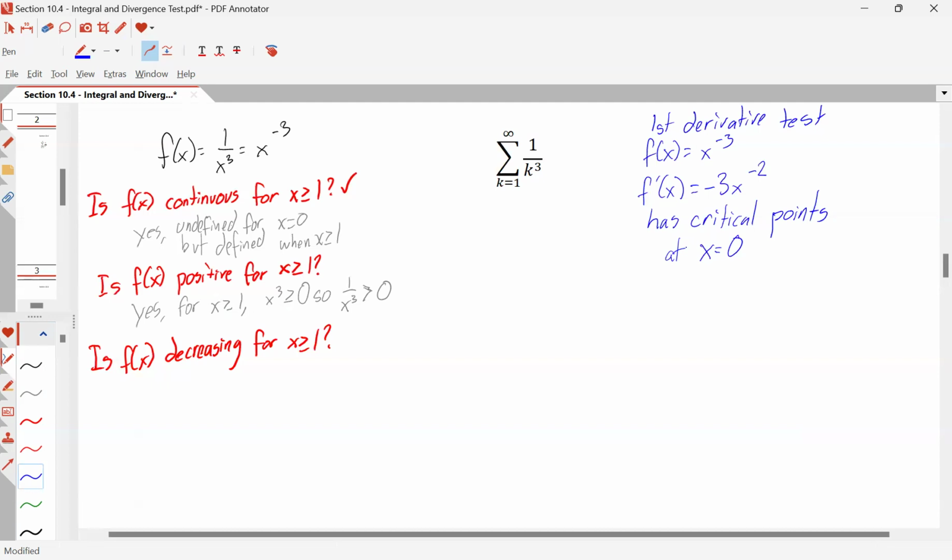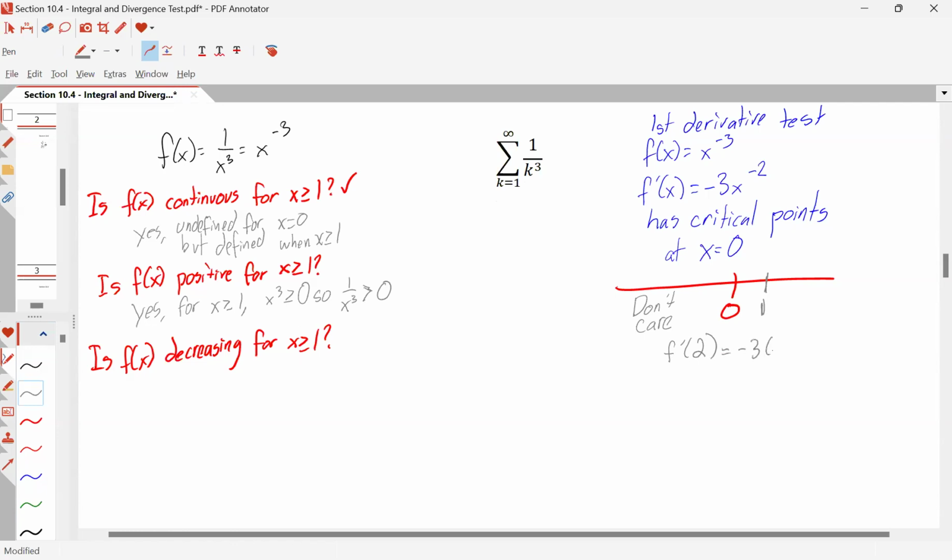So the only thing we'd be looking at is switching between negative and positive. However, to reiterate, we only care about 1 to infinity. So we don't care about the negative numbers. However, for the positive numbers, say x equals 2 or x equals 1, we'll take a test point.